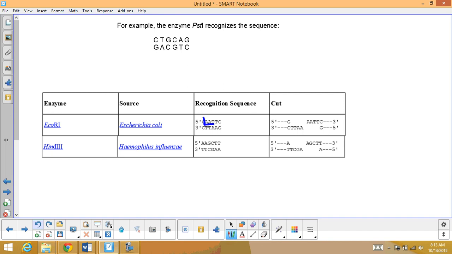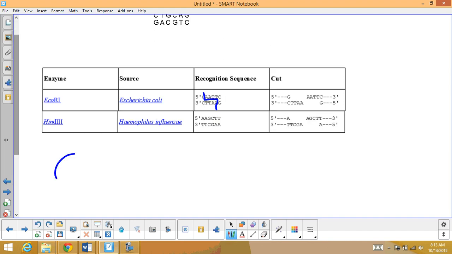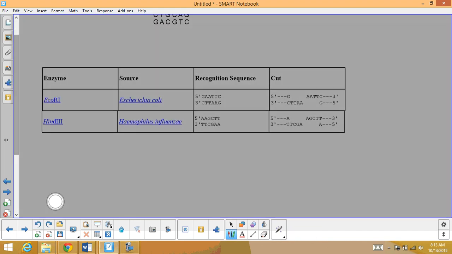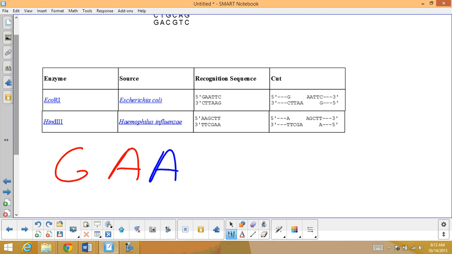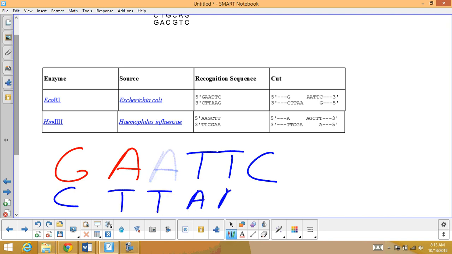Cut down the G, go over, and cut down the G. So if we blow it up a little bit, so we have G, A, A, T, T, C, and C, T, T, A, A, G.